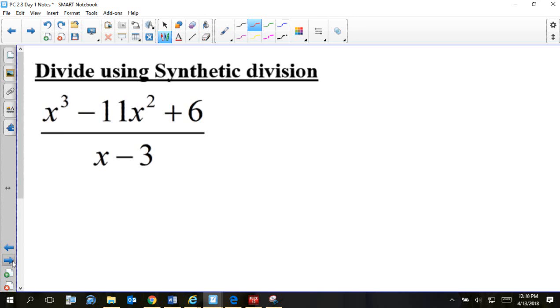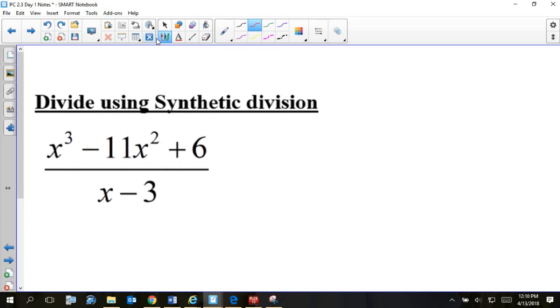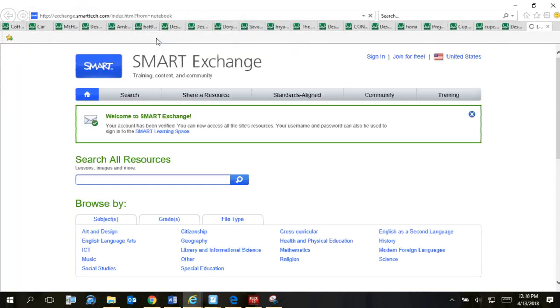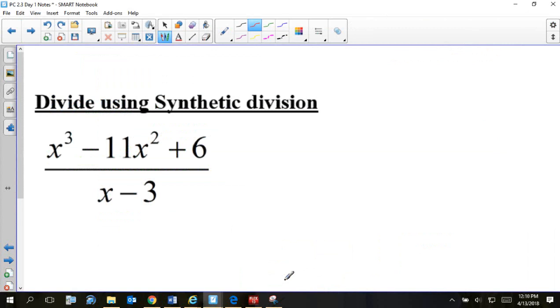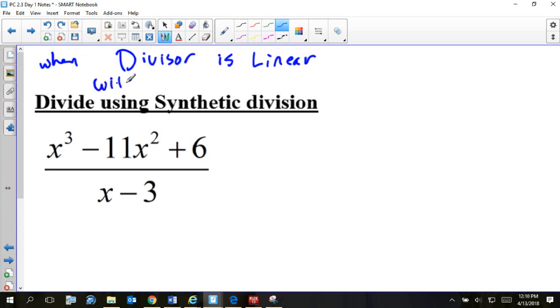You can use it when the divisor is linear with a coefficient of 1.